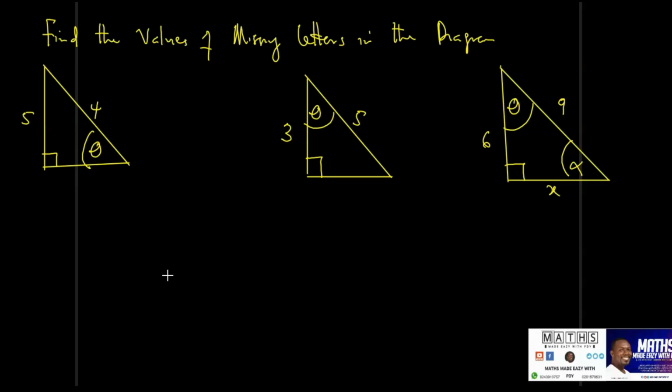Over here you are finding theta. Over here you are finding theta. Over here you are finding theta, alpha, as well as the value of x. This is the only information given in the diagram.